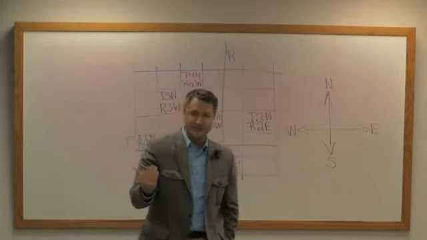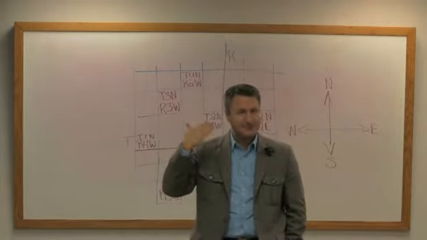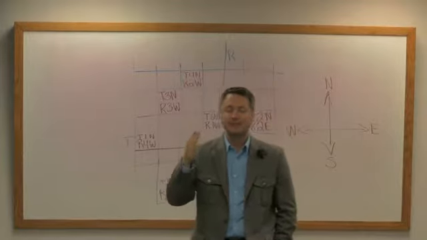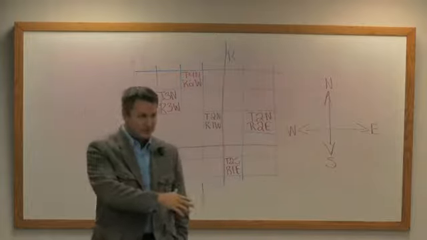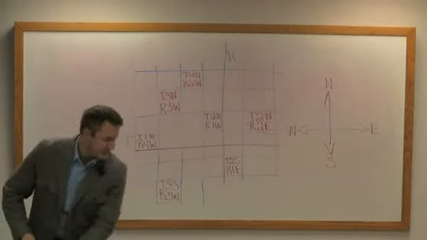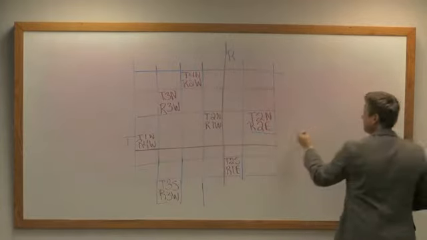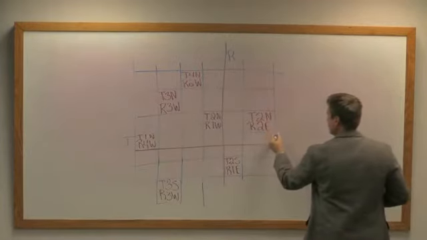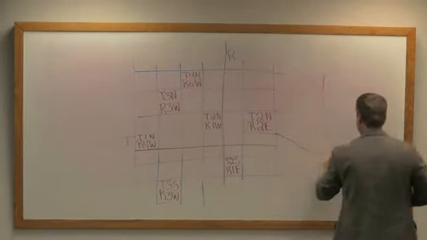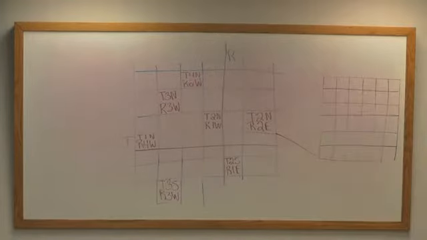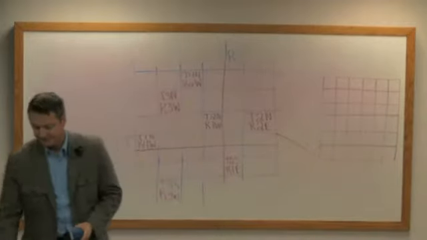When I think of sections, my brain starts thinking that everything is going to be backwards. I'll show you. So we have 36 sections. Let's just extract this township right here. I have 36 sections in a township.